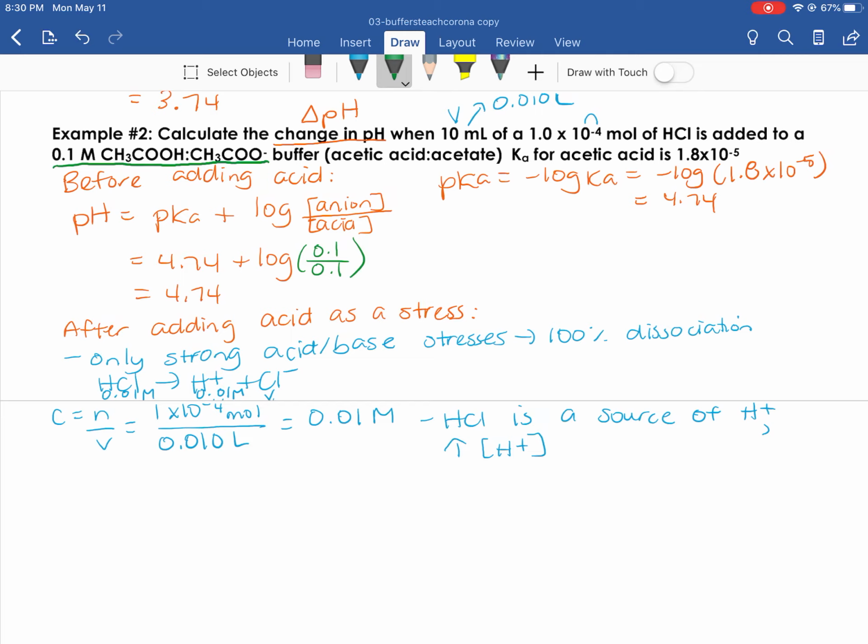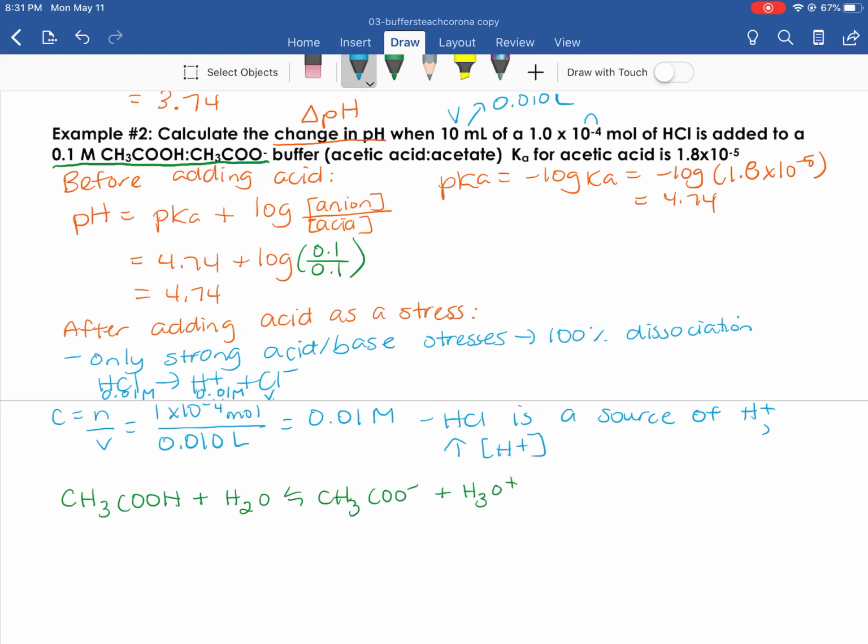So once you start adding a stress to your buffer, then you need to consider how the equilibrium is going to handle that. And why do I have to do equilibrium? Because this is a weak substance. And again, you'll remember from the other lesson that when something's weak, you have to do ICE.